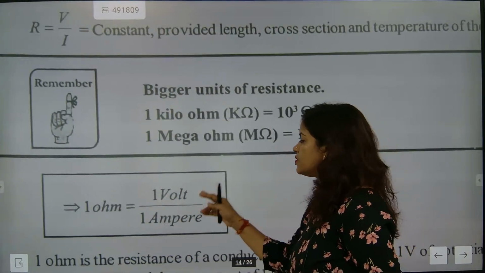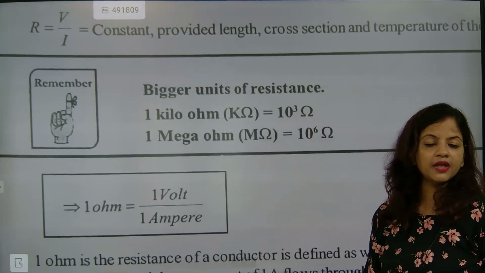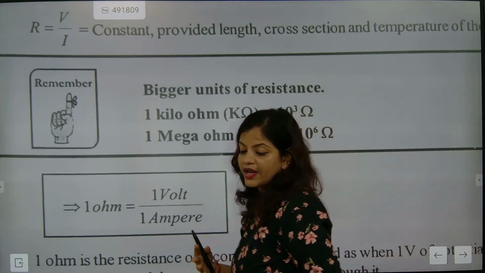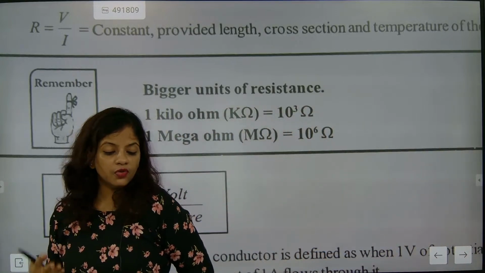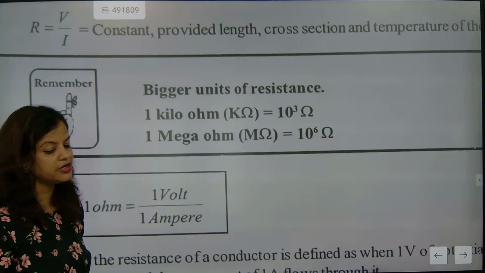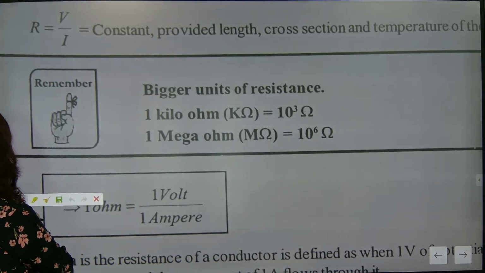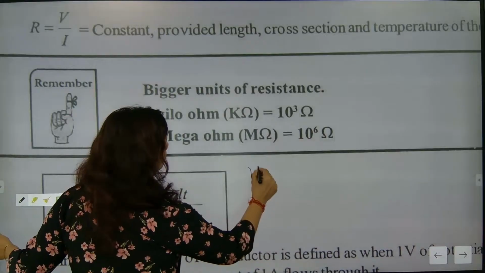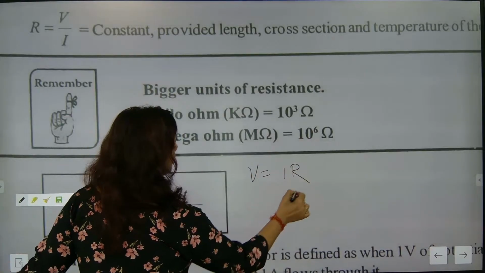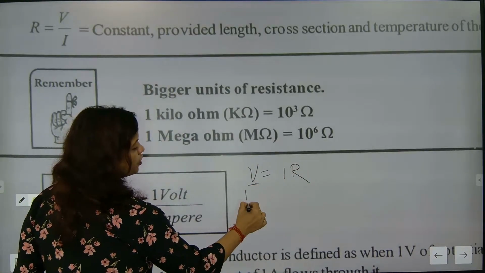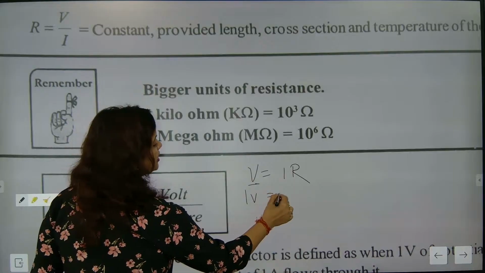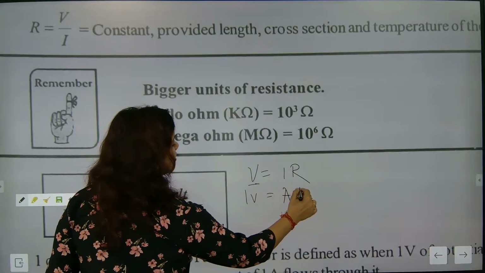So 1 ohm is equal to 1 volt by 1 ampere. How did we write 1 volt by 1 ampere? Because whenever we talk about V is equal to IR, V is volt, current is ampere, and there is resistance.